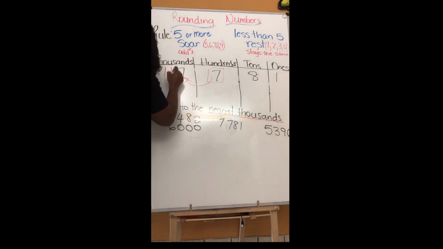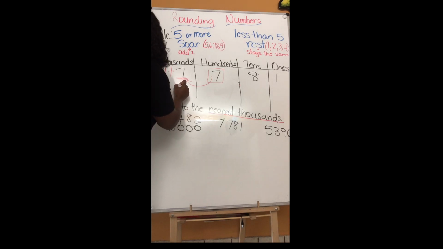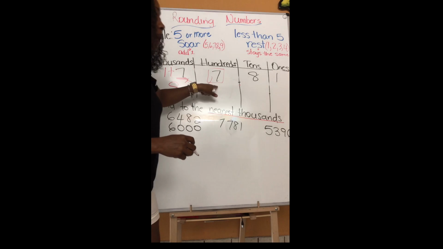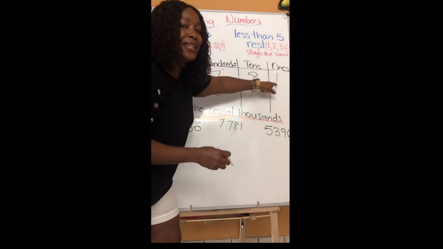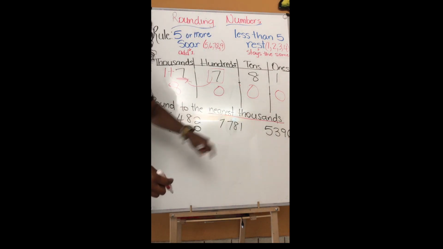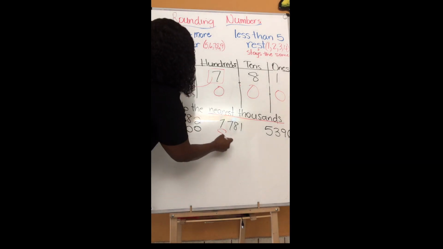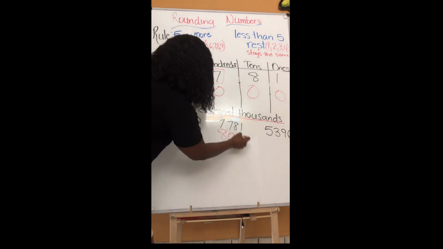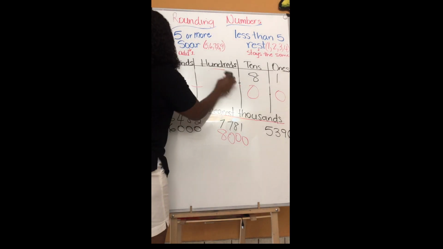Yes, it's telling it to add 1 because it falls over here. 5 or more, it says soar or add 1. So 7 plus 1, that's 8. What happened to the boss? Changes to 0. What happened to these? They also change to 0. So 7,781 rounded to the nearest thousand becomes 8,000.